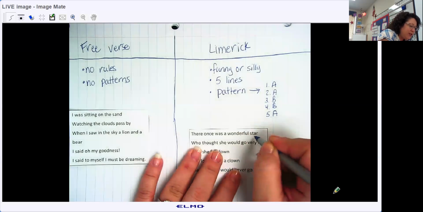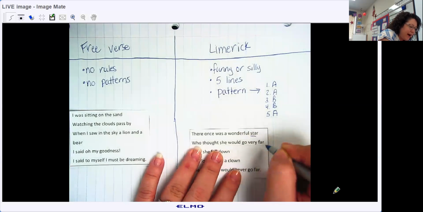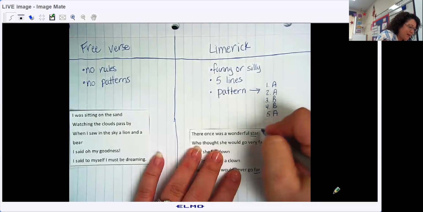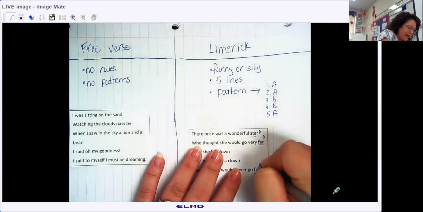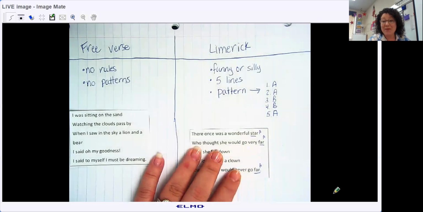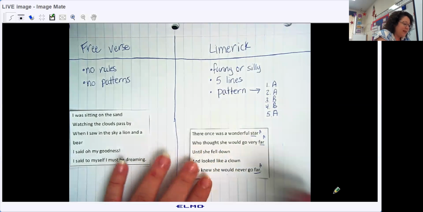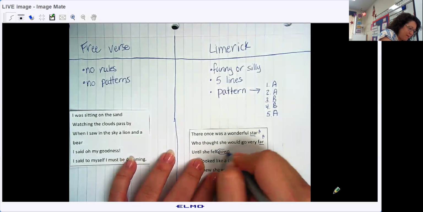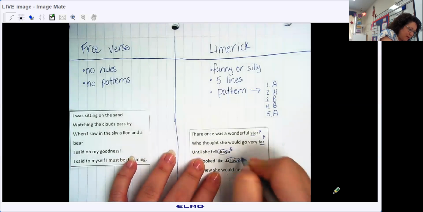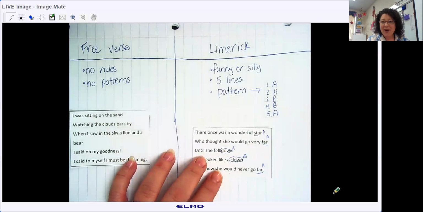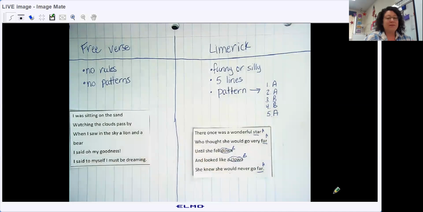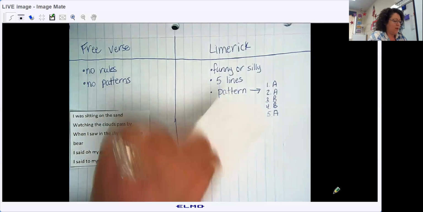So lines 1, 2, and 5: star, far, far. They rhyme. So that's A. And let's see if 3 and 4 rhyme. Down, clown. Yep, they rhyme. B, B. So it is a limerick. They don't have to be funny or silly, but they usually are.